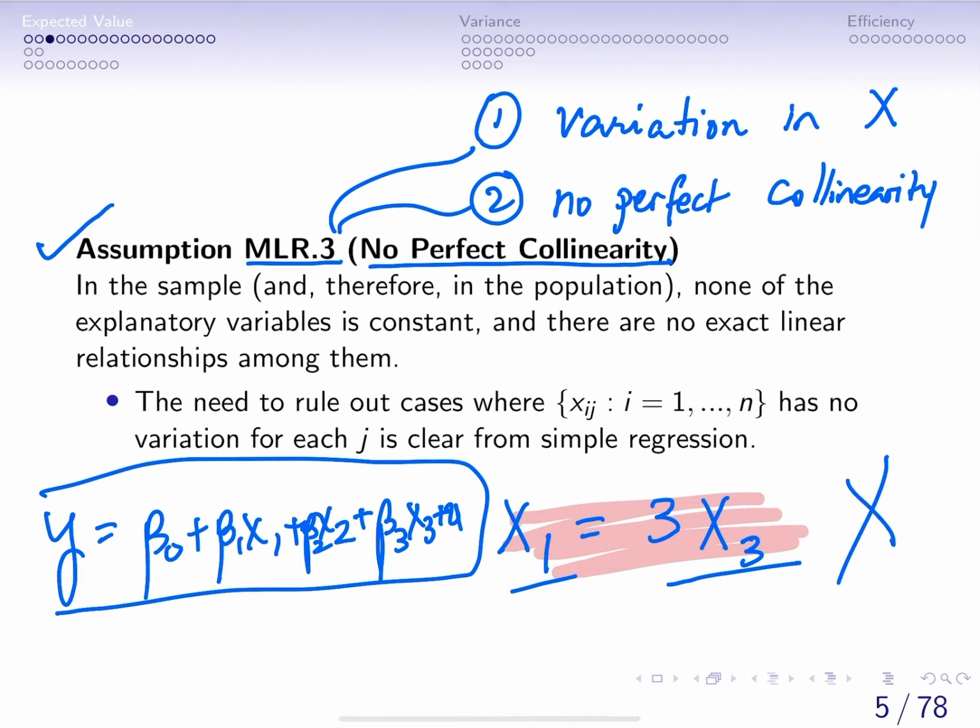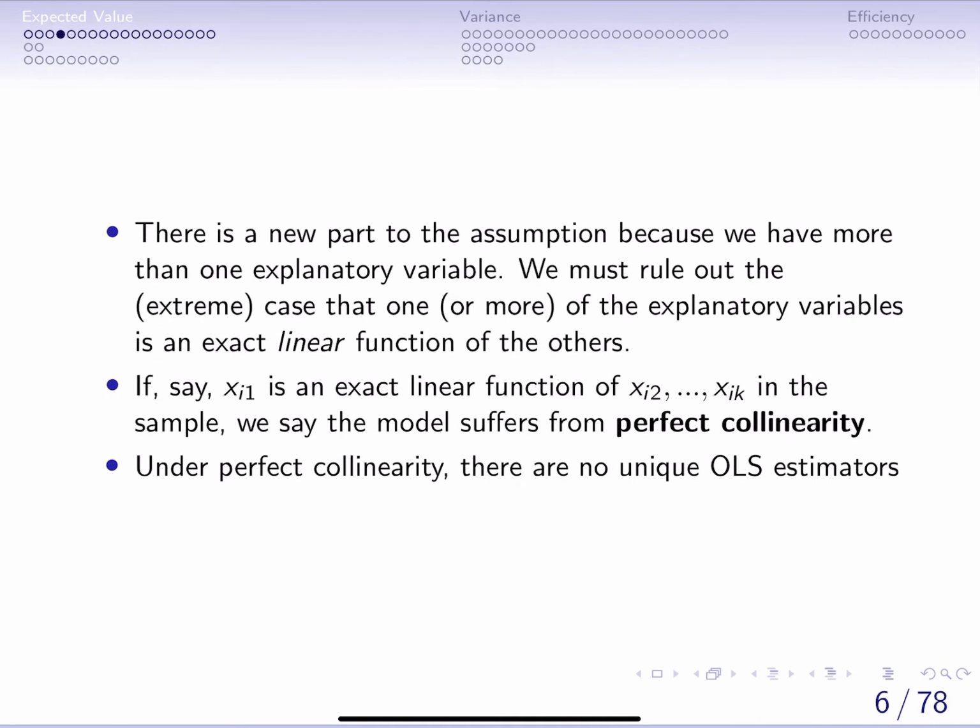Okay, so we want to avoid any such situation. The problem, if you have a perfect collinearity or perfect correlation of any two variables in your sample, is that you're not going to find any unique OLS estimators.